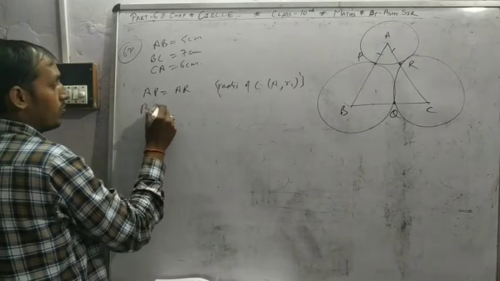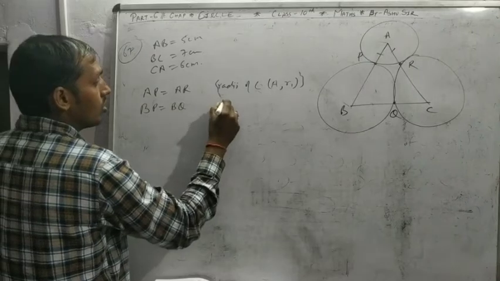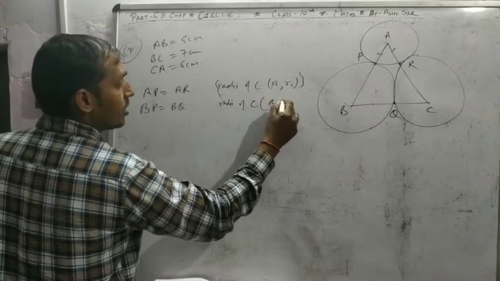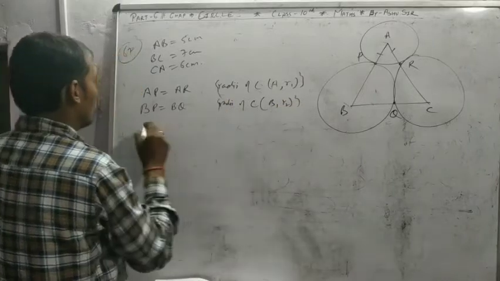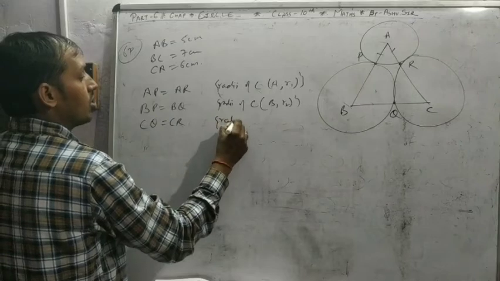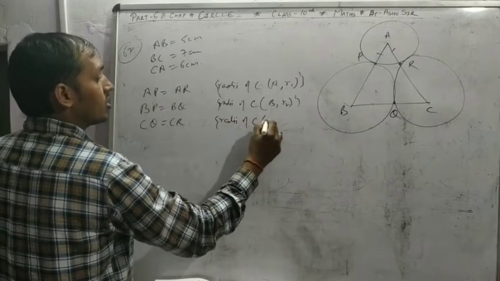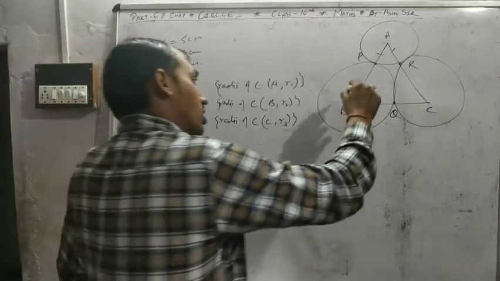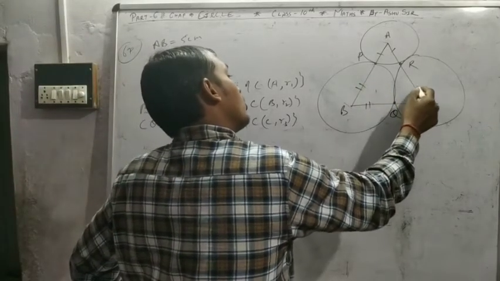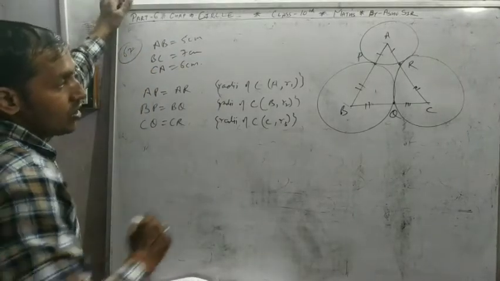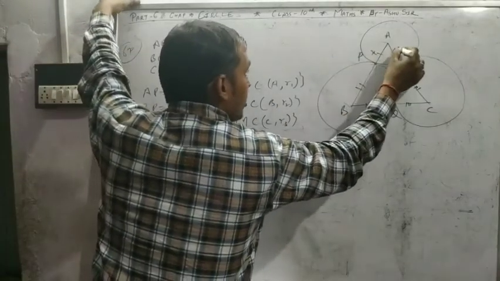Same, BP is equal to BQ, radii of circle center B, radius R2. CQ is equal to CR, radii of circle center C, radius R3. Means these two are equal, these two are equal. Same, we want AP as X, this is also X.